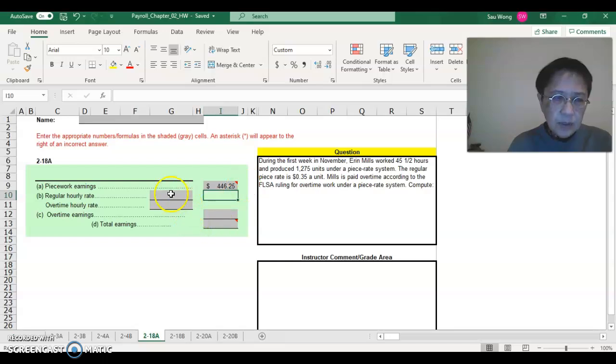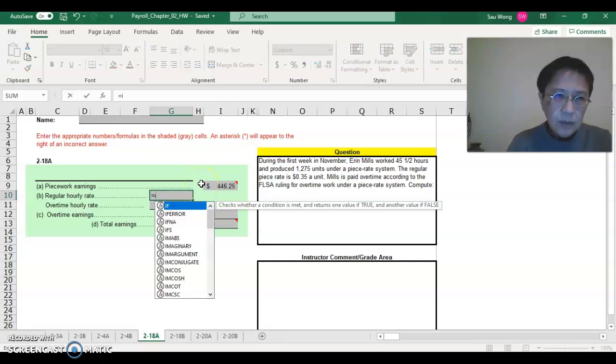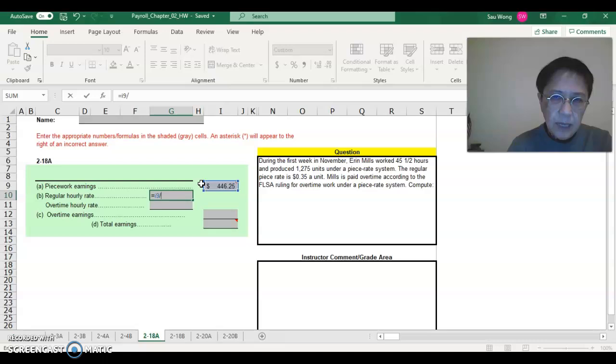And then our next is regular hourly rate. Regular hourly rate, this is the regular earnings, okay? So it will be equal to I9 divided by how much hours did he work? He worked 45.5 hours, so divided by 45.5 hours.